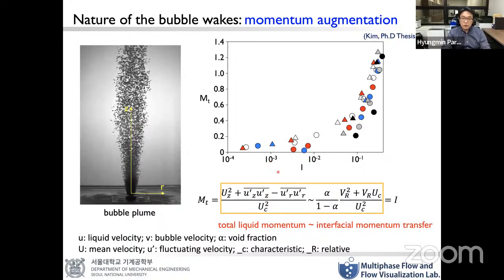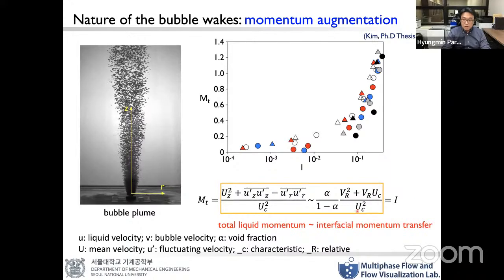I'm going to talk about the details of this problem later when I talk about the mixing problem. But here, as you can see in this graph, MT, which we call total liquid momentum, is contributed by the time-average liquid velocity and the fluctuating liquid velocity components, and it is nicely scaled with another parameter, I, which we call interfacial momentum transfer.